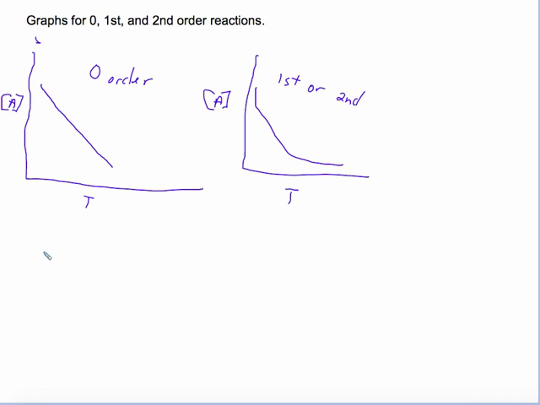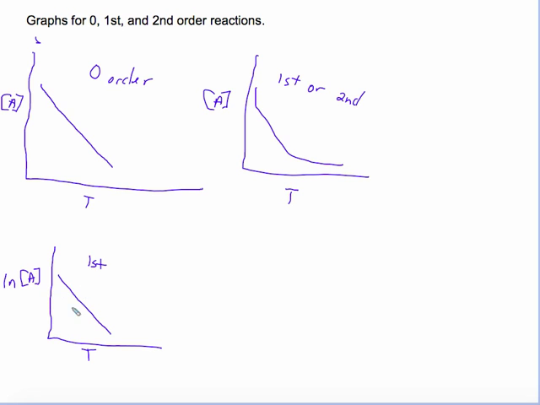So what you need to do to figure out whether it's first or second is to take the natural log of that concentration of substance A again over time, and if that turns it into a straight line, then you have a first order reaction.